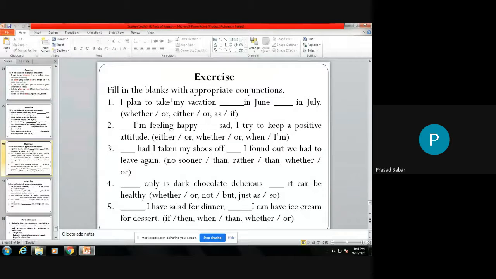See the next. Dash dash, I'm feeling happy, dash dash sad. I try to keep a positive attitude. So options are either or, whether or, when I'm. So what will be the correct option?